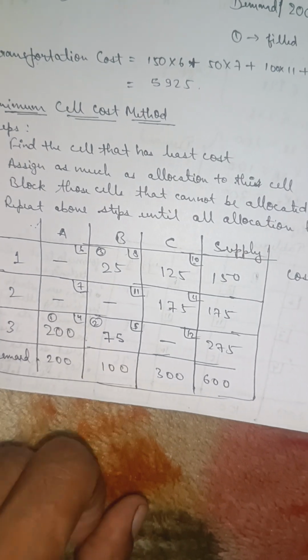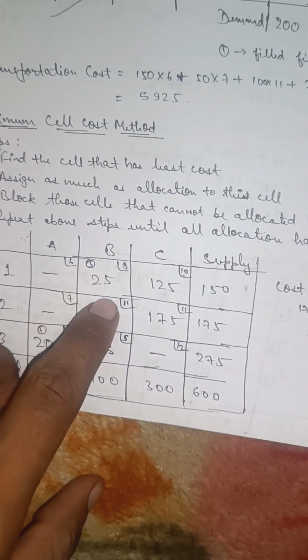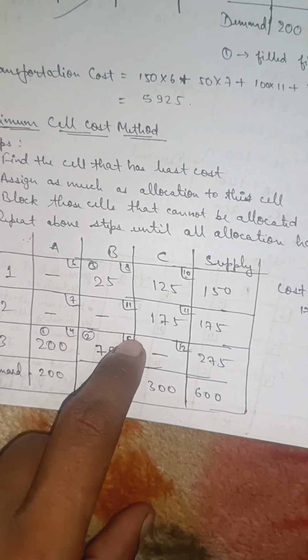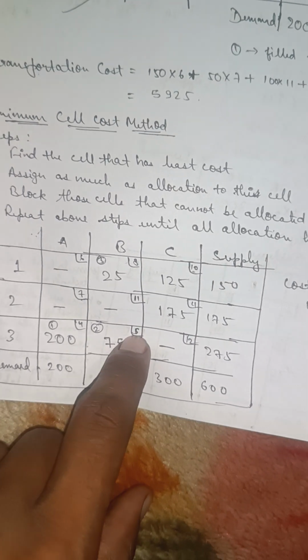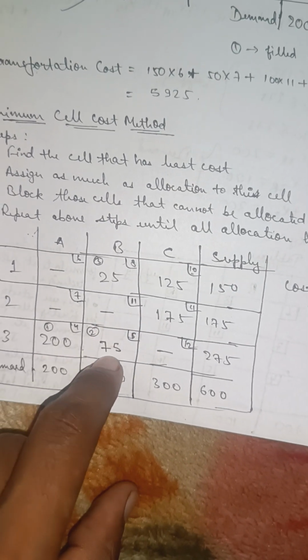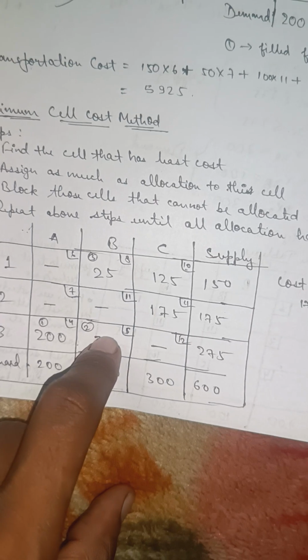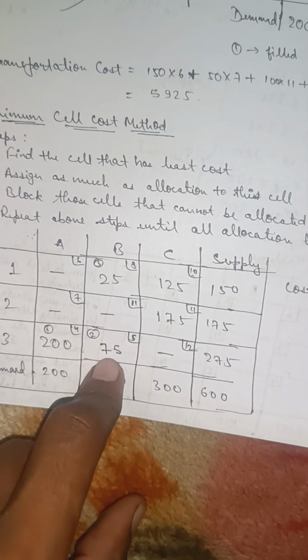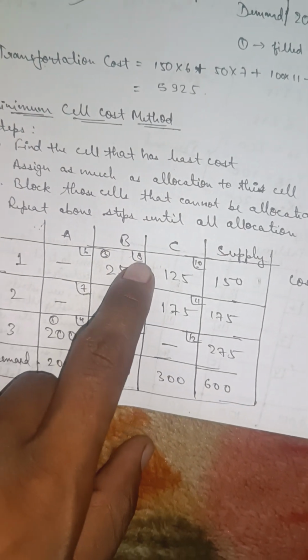Okay, and the left 75 will be filled here, because the second least cell is 5 after 4, then we will fill 75 here. Okay, and third we will fill here, because we have 8.